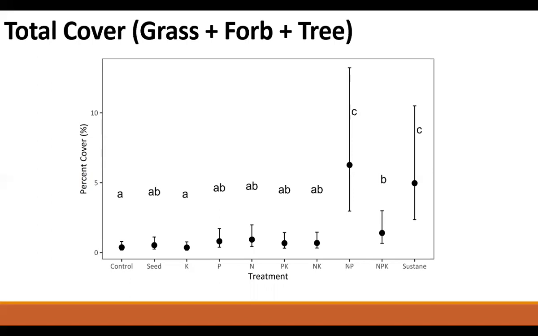At least with NP and sustain, these two produced more plant cover than the seed only. The potassium treatment was our worst performing treatment.